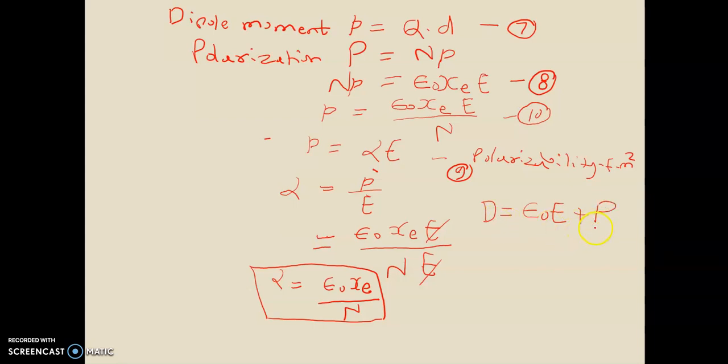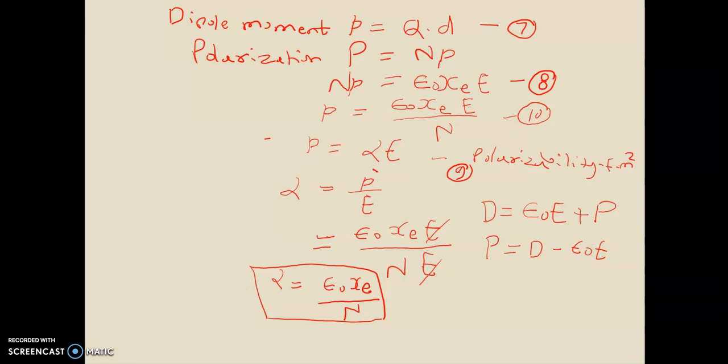Due to polarization, flux density will increase in the material. So total flux density is the flux density produced in free space plus the flux density produced due to polarization. Remember this equation: D is equal to epsilon 0 E plus P. So polarization P will be equal to D minus epsilon 0 E.